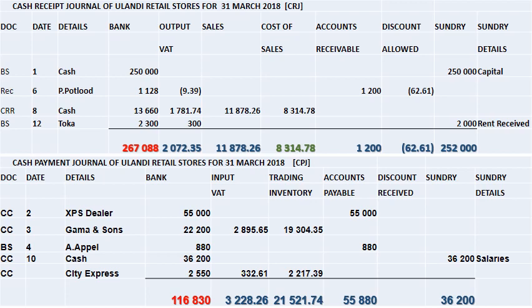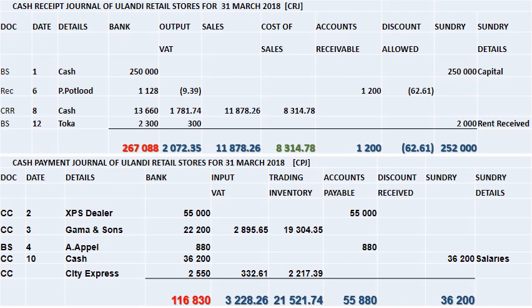For the input VAT, we've calculated 3,228 rands 26 cents. Trading inventory, we've calculated 21,521 rands 74 cents. Accounts payable, we've calculated a total of 58,880 rands. No discount was received in this exercise.